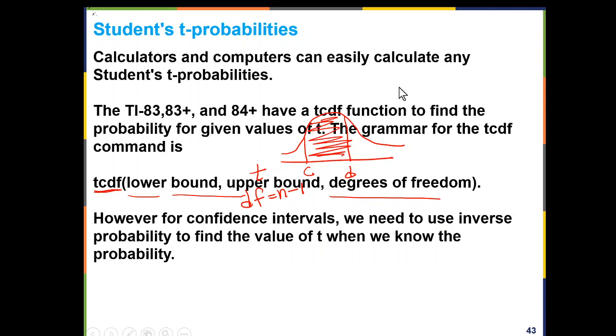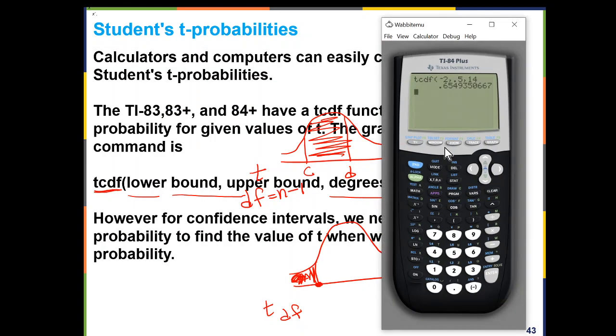All right. Now the question is, how do we do this if we have a T distribution with certain degrees of freedom, and we want to know the number here that has this much to the left of it? Well, we do it with inverse T. So let's use inverse T. We go to second distribution, and inverse T is right there.